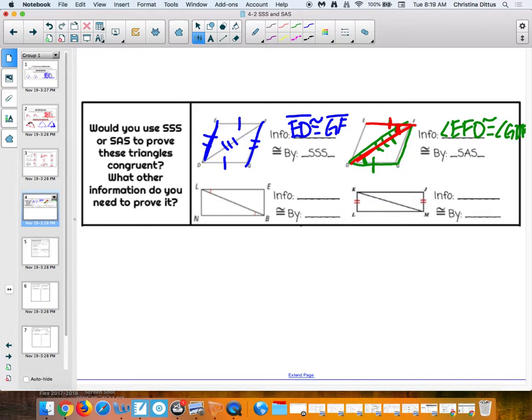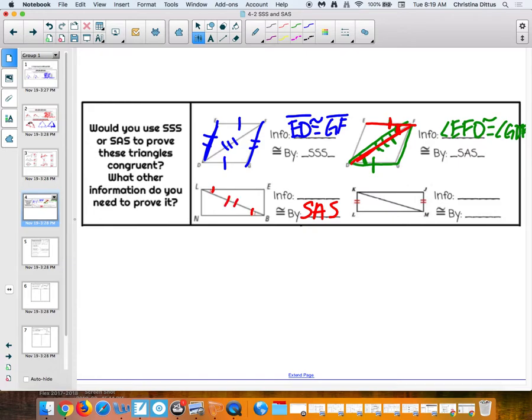Okay, now I'm not gonna tell you what we're gonna use. I have angle marks, so should I probably use SSS or SAS? SAS. Probably gonna use SAS, because we have an angle mark. What else can I assume from that picture? Got my middle line.